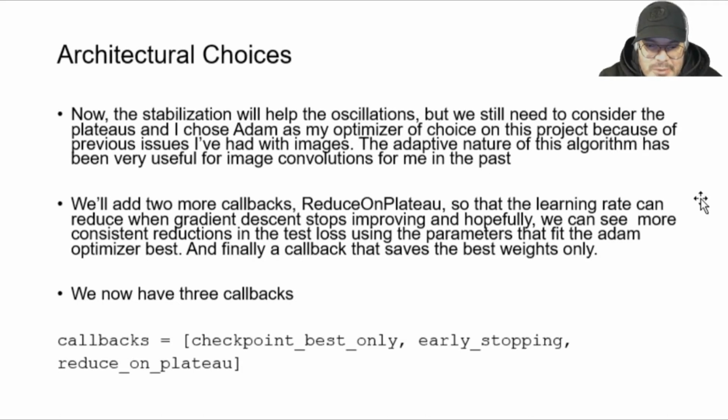And finally we'll use another callback that saves the best weights only, because we are having those oscillations, so we want to make sure we have the best weights for our model, our final model that we're going to save. So now we have 3 callbacks. We have checkpoint best only, early stopping, and reduce on plateau.